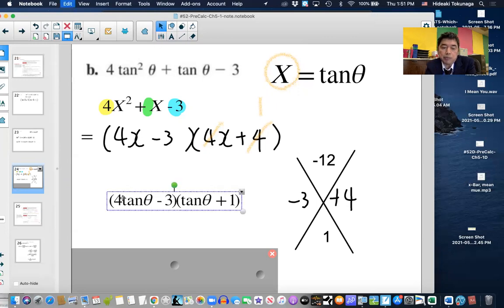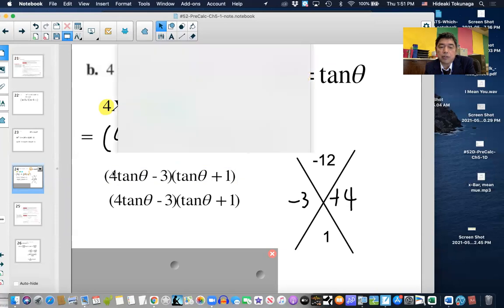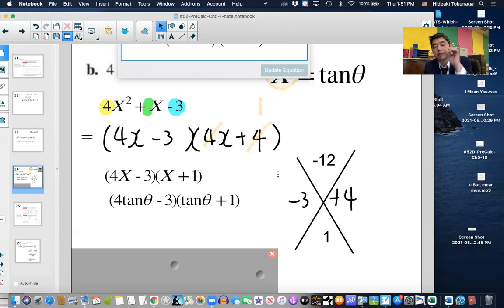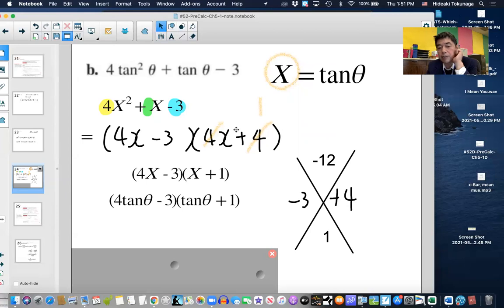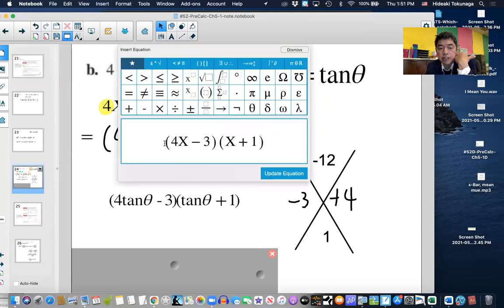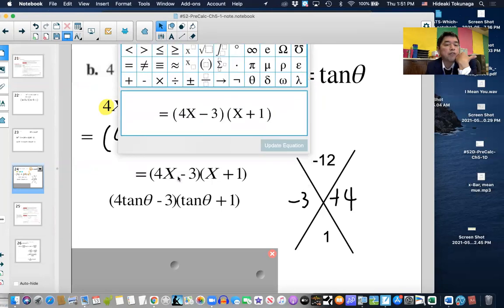Let me write down that one: 4 capital X minus 3 and capital X plus 1. Now you see how I did it, because you cancel out here. I put the equal sign because this is equivalent to the equation above.